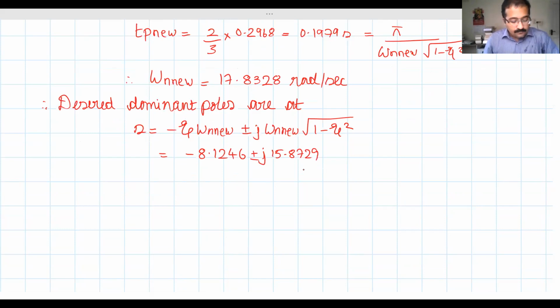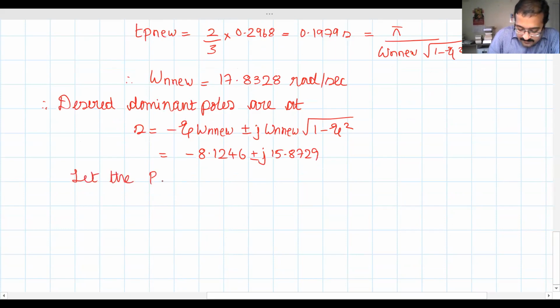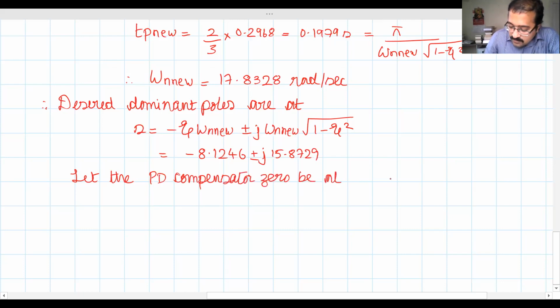Now let the PD compensator zero be at s equals say minus z_PD, to indicate that this corresponds to the zero of the PD compensator, right?